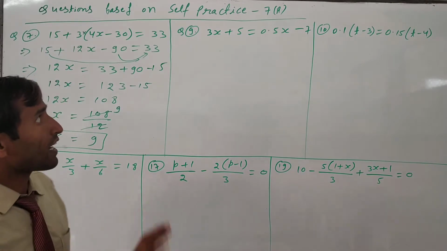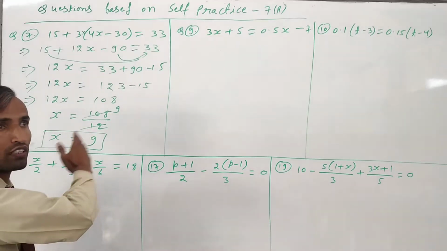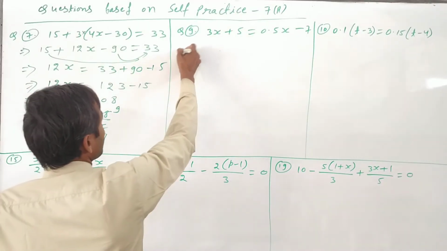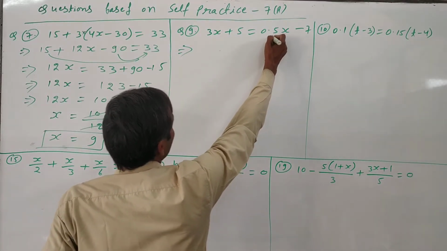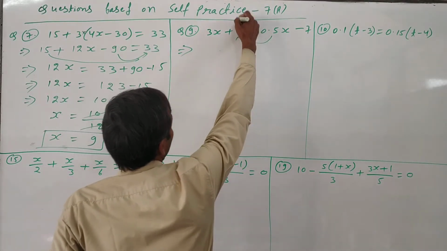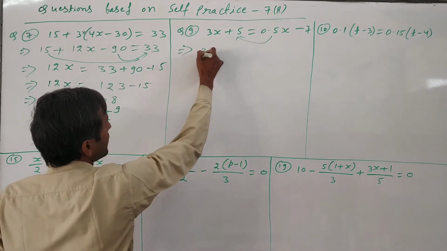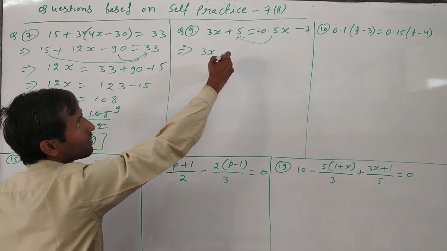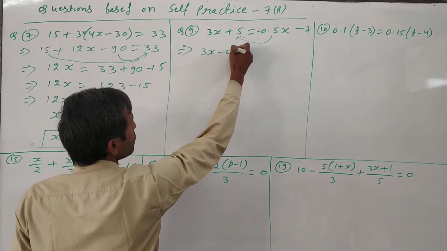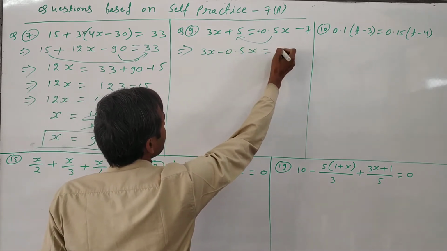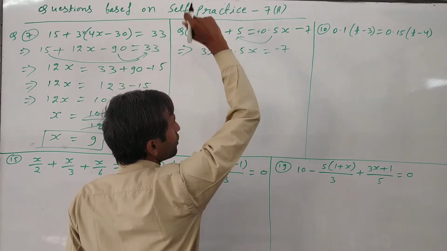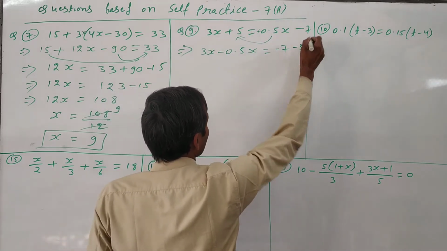Just again transpose constants to one side and variables to the other side. So 0.5x will come to this side and this 5 will go to that side. So 3x minus 0.5x is equal to minus 7, and this plus 5 will go to that side as minus 5.